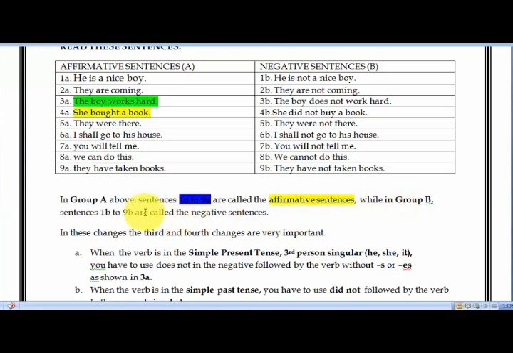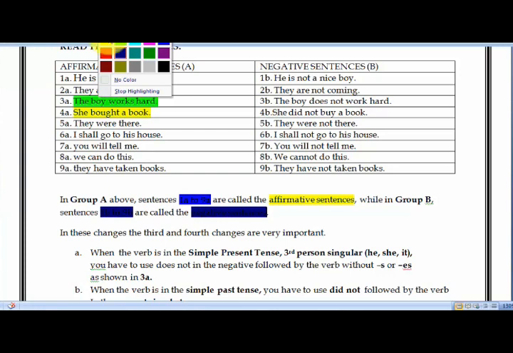Sentence 1 to 9b are also called negative sentences.